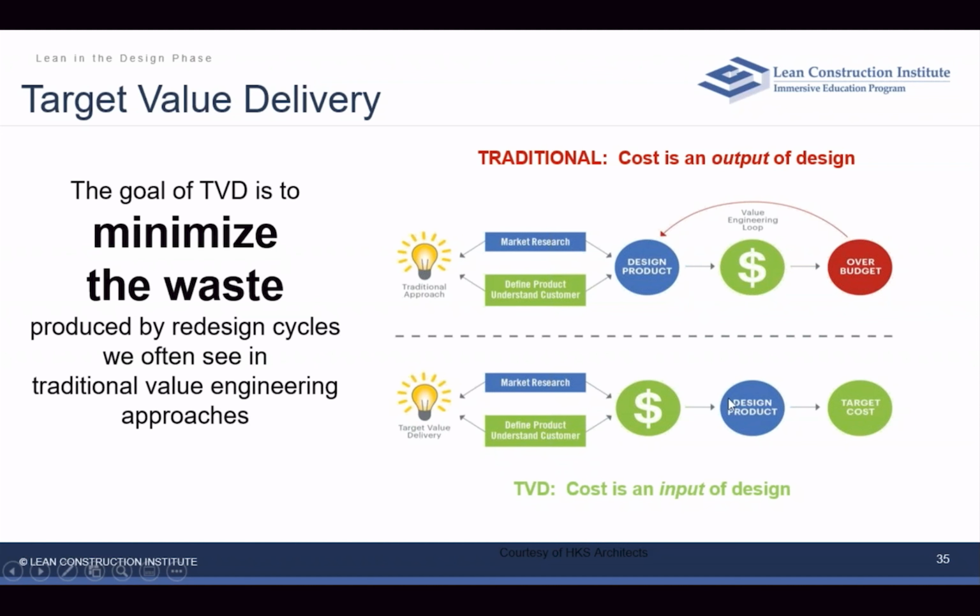Information is getting shared early. And by the way, target value delivery is very intertwined with collaborative approaches. That's the part that I left out of this presentation, but it's a very important piece: understanding how to do big rooms and how to do collaborative communication in very effective ways to build high-performing teams.